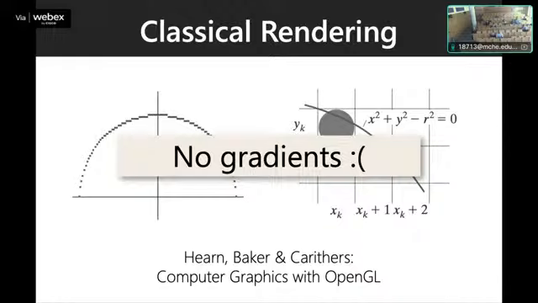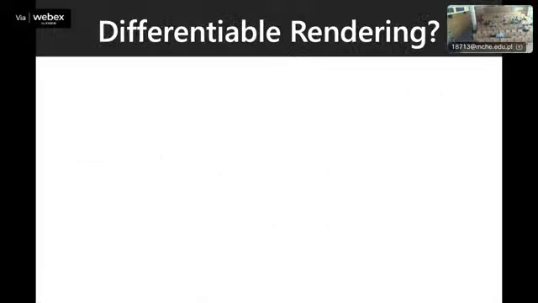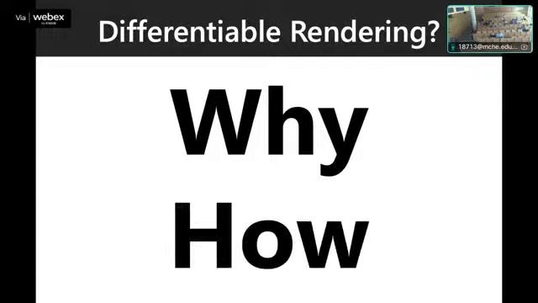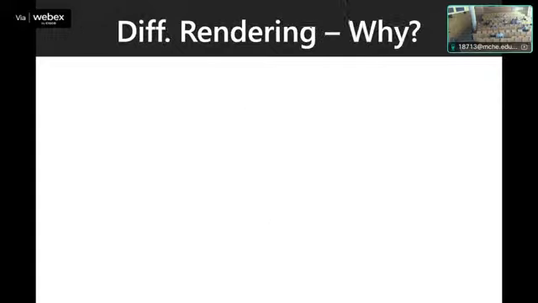So if for some reason, which we can't imagine maybe, or maybe we can, but we'll see soon, we wanted to differentiate through the render that we just did and change the parameters of the scene, we can't do that with classical computer graphics algorithms. First, I need to convince you that it's a potentially desirable thing to do, to differentiate through something that I render. And then we can talk about how to do that.